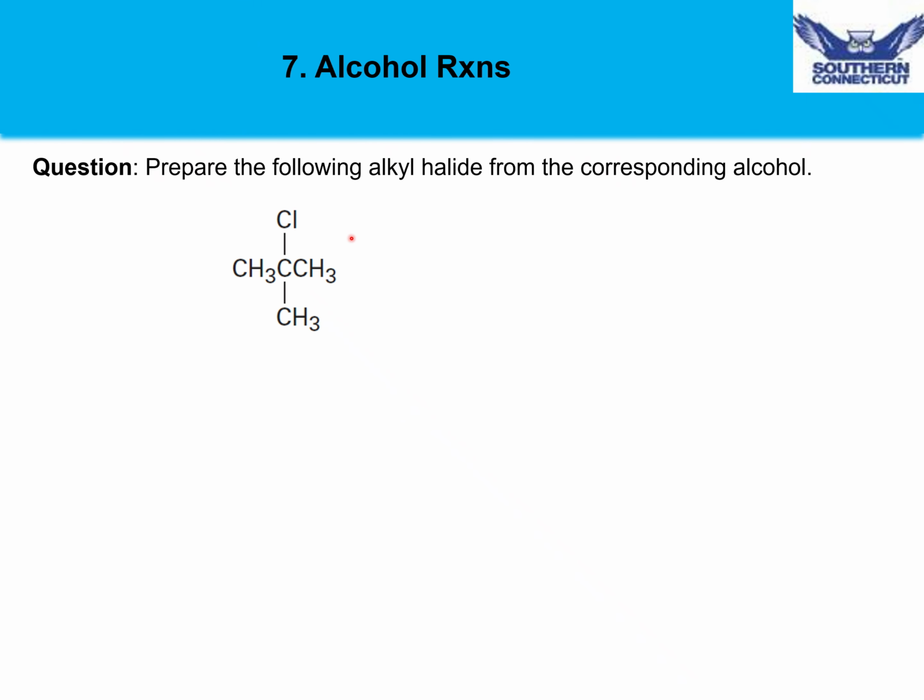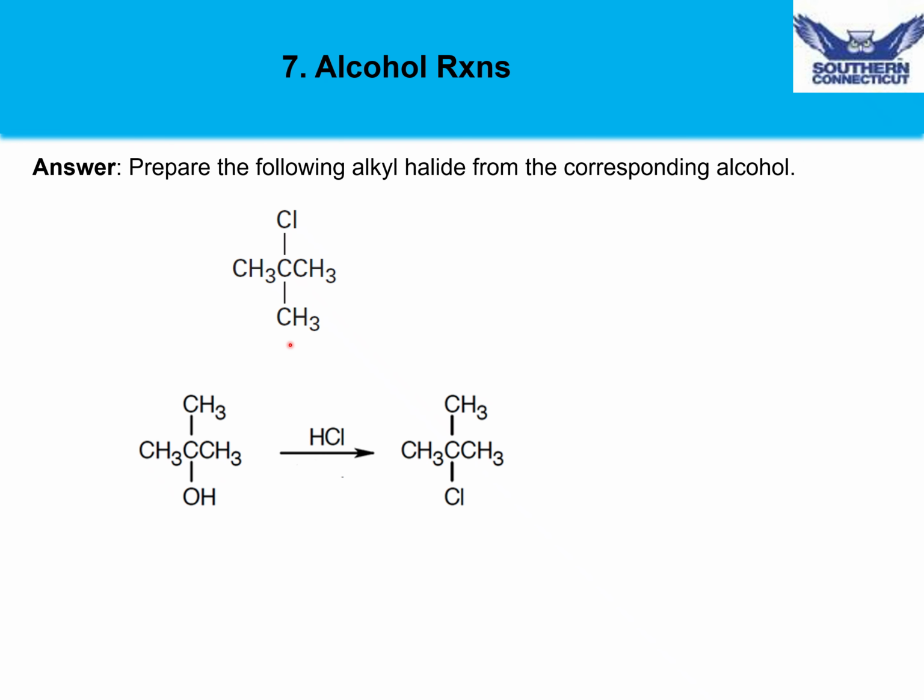Question, we want to come up with a possible alcohol that we can use to make the following alkyl chloride. Notice it's a tertiary alkyl chloride. Since we're trying to make a tertiary alkyl chloride, the best way to do this would be by adding HCl to a tertiary alcohol, and through an SN1 reaction, we would convert it into a tertiary chloride.